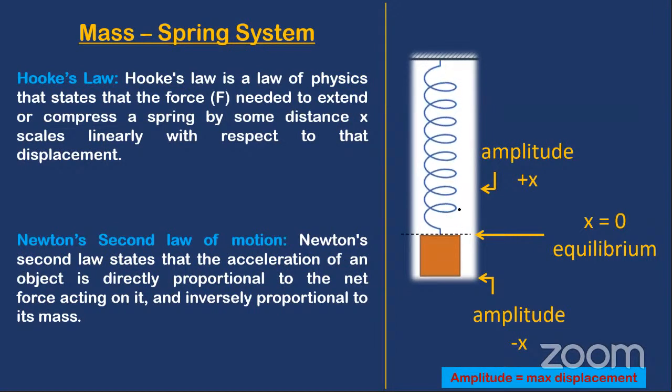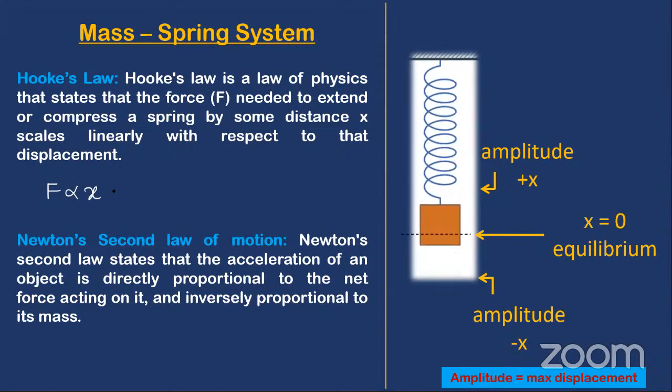To model this mathematically, we are first discussing two laws from physics. The first one is Hooke's law, which is related to the spring, right? It states that the force needed to extend or compress a spring by a distance x scales linearly with respect to that displacement. Mathematically, the force is proportional to the displacement in that spring: F is directly proportional to x.